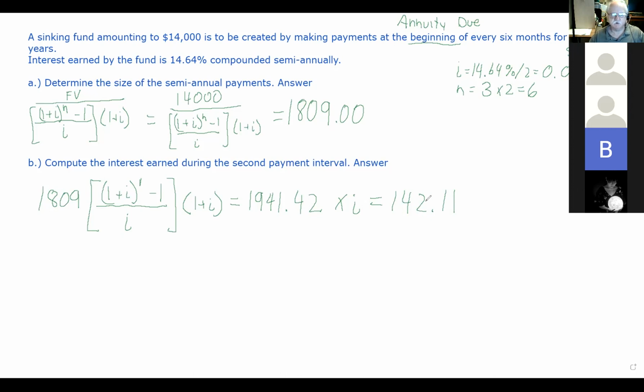Oh, that's the amount of interest during the second payment interval. I like this number times I. Weird.